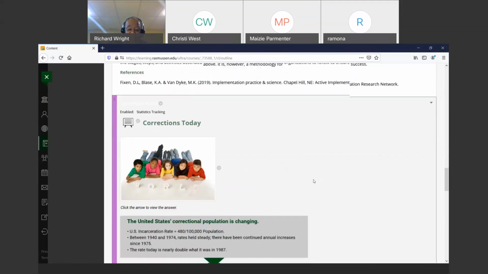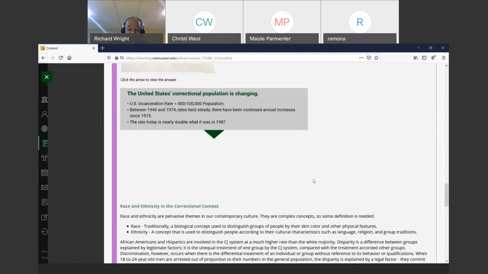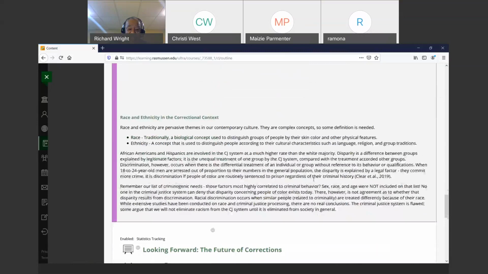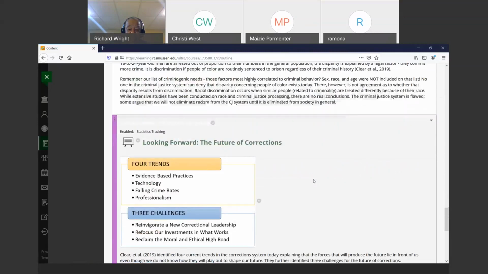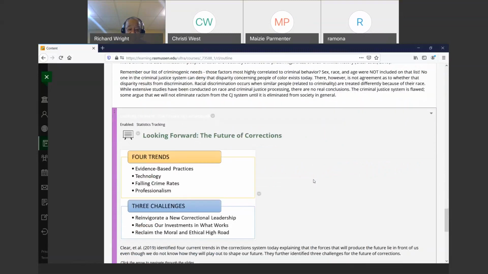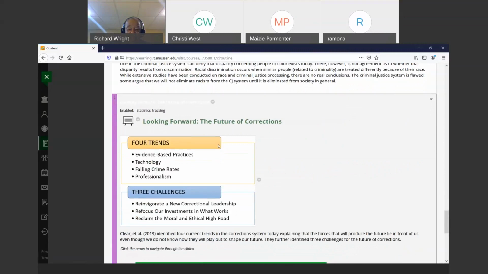Then you're going to deal with corrections today and incarceration and so forth, the race and ethnicity in the correctional context, and then looking forward to the future, the 4 trends: evidence-based practices that you will have studied earlier, utilizing technology, falling crime rates, because that's the key thing you want to do, and then professionalism.